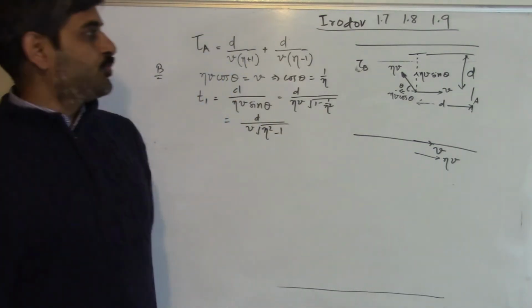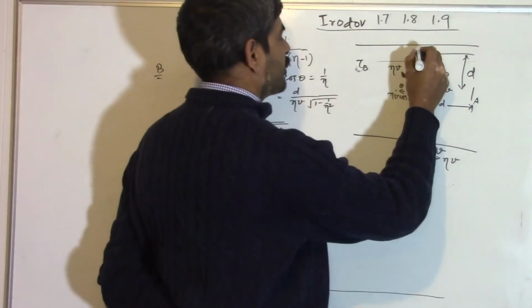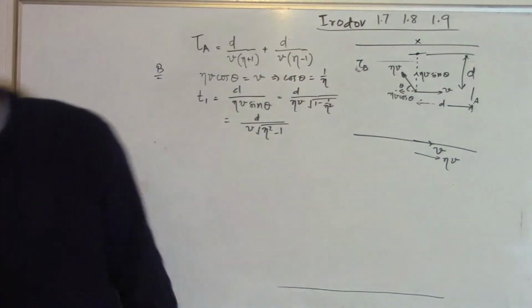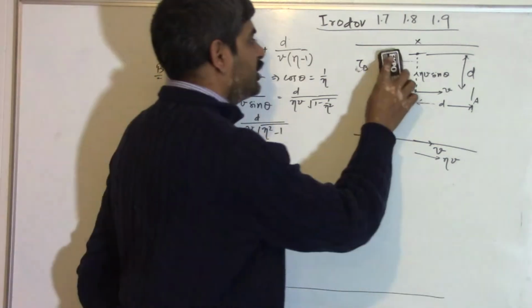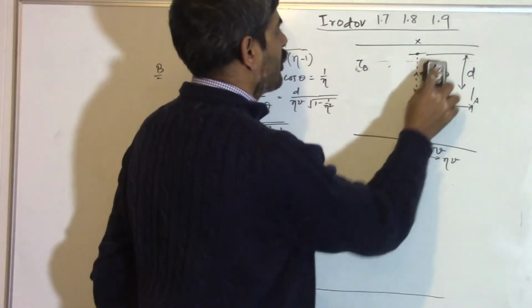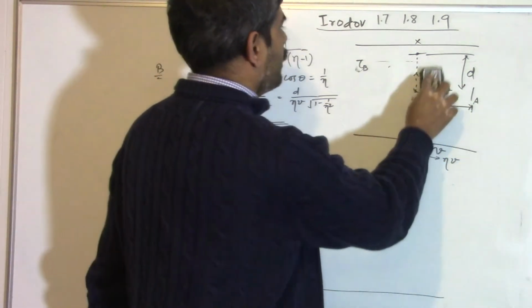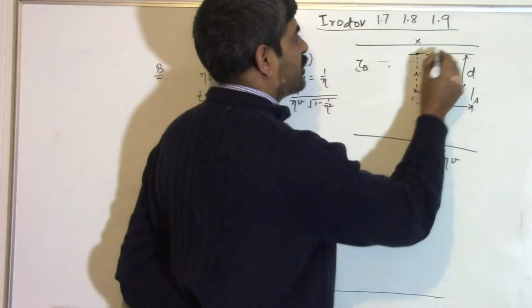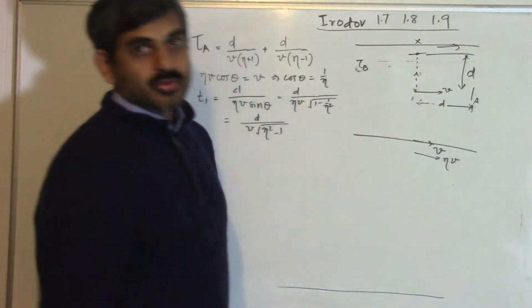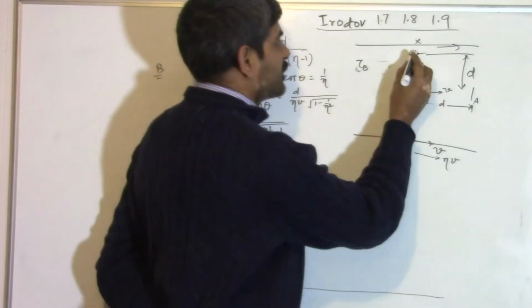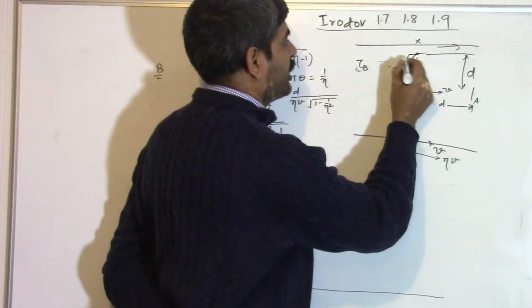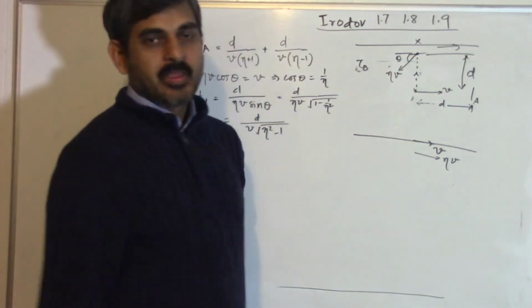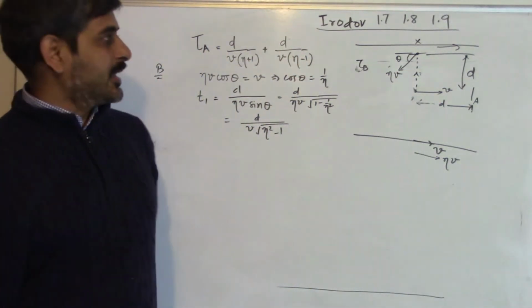So once he reaches this point, let's call it X, he starts to return back. And in the return direction, the river velocity is in this direction. So he must try to sail somewhere in this direction, making an angle theta, his velocity being ηv. I will let you do it as an exercise.